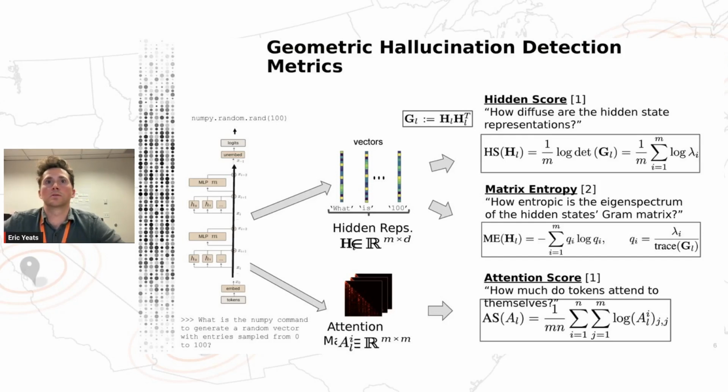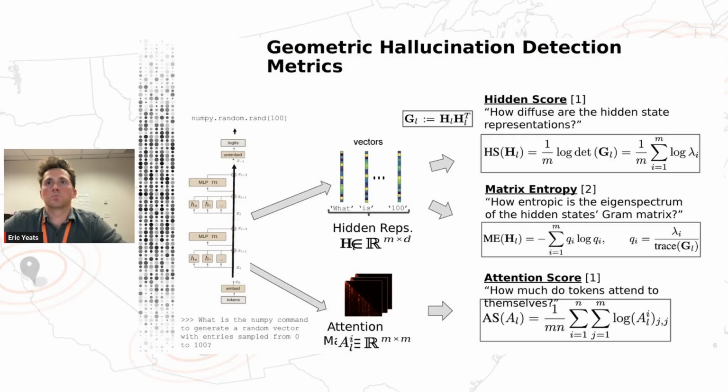The first one that I'll talk about is hidden score, which is computed from the Gram matrix of the hidden state sequence. It's looking at the log determinant of this Gram matrix of the hidden states, and intuitively it's measuring how diffuse the hidden state representations are, where more diffuse hidden state representations are correlated with hallucinations.